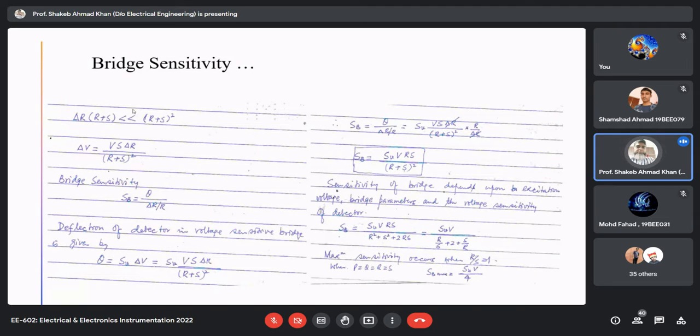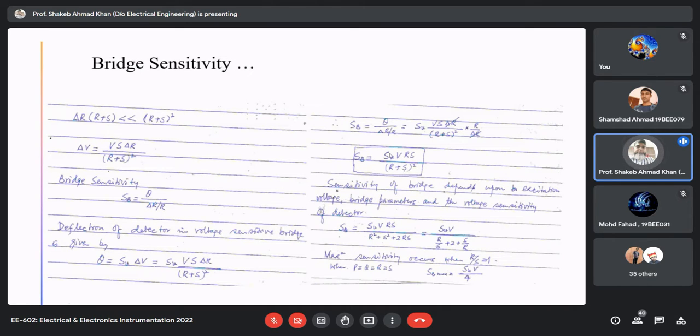And then obviously, we can find out the condition for the given value of detector sensitivity SV and excitation. Excitation, as I told you, is the criterion on the basis of which maximum excitation can be decided.